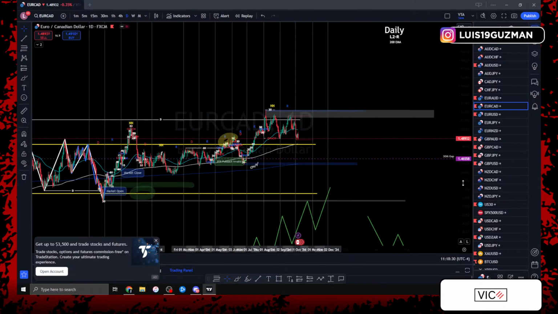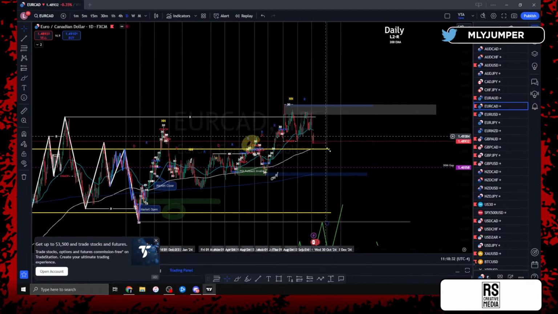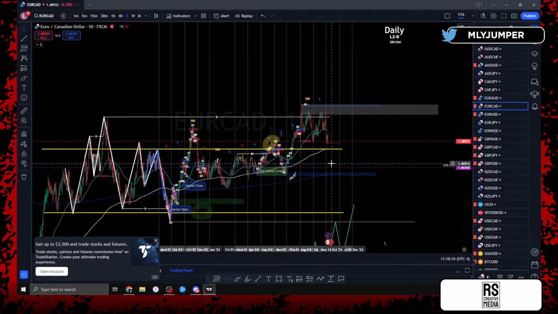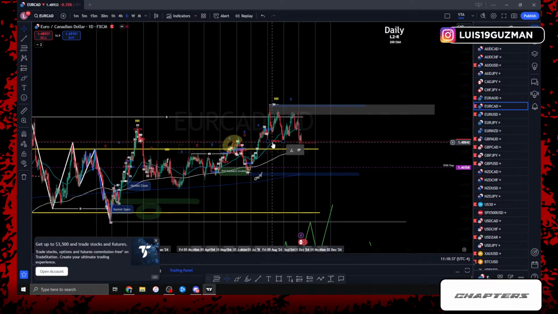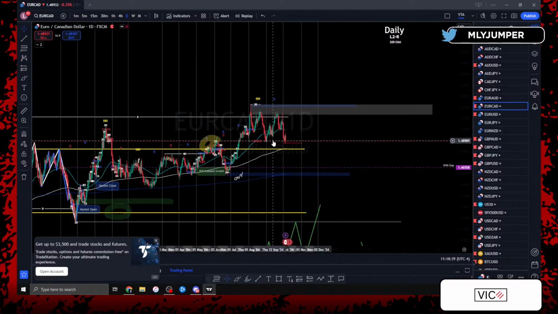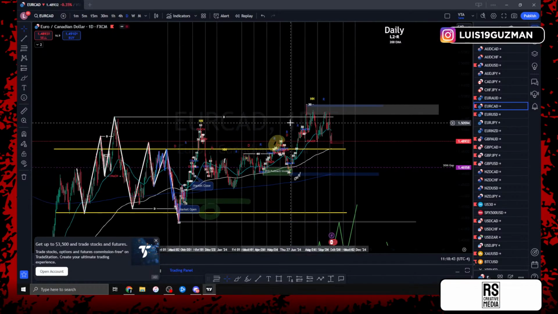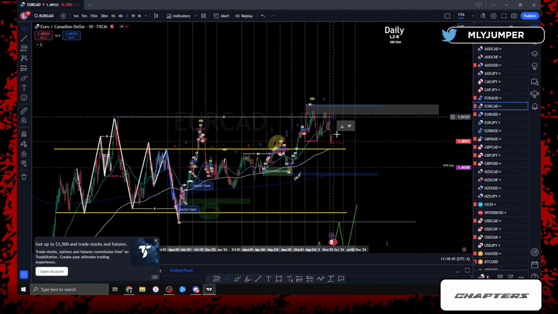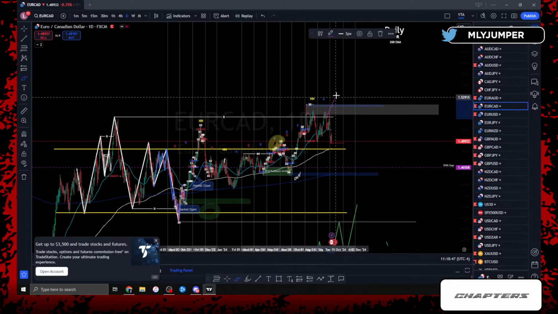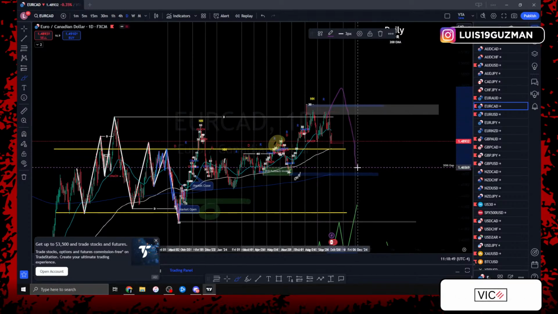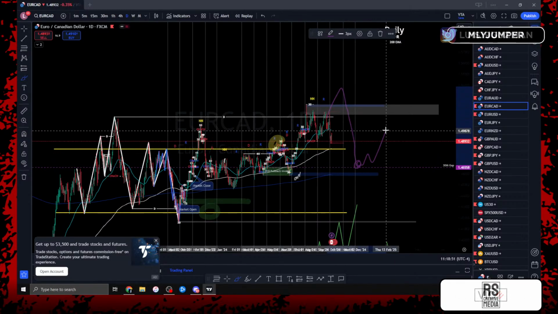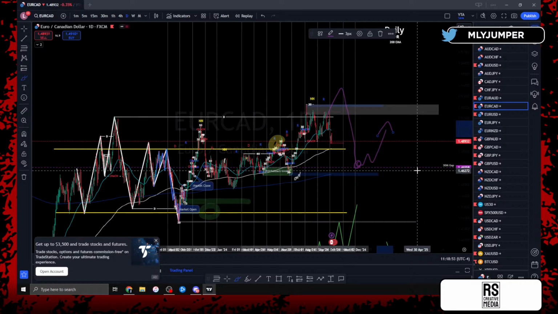So again, we know a pullback was going to happen, right? The question for us when we were back here in August was: are we going to get the break of structure to confirm that we are leaving the zone of consolidation, to then get a pullback and a continuation to start that level 2 push to the topside?